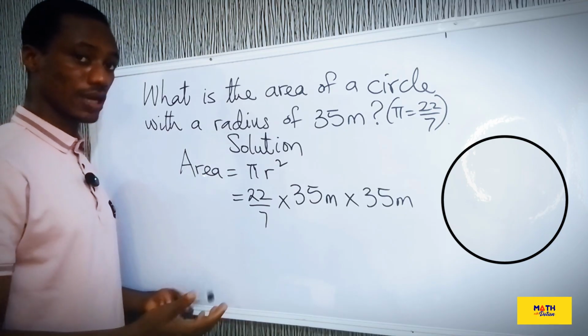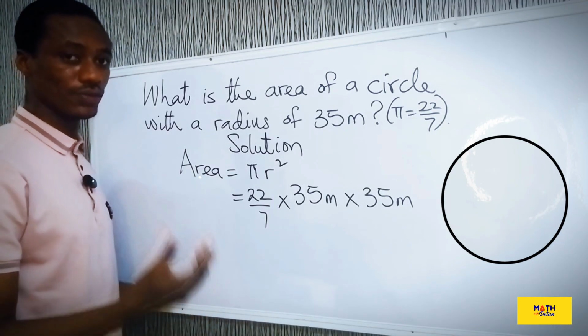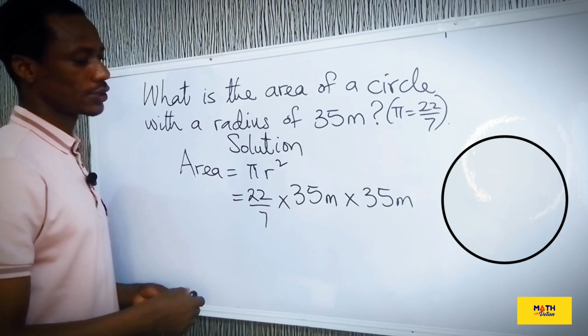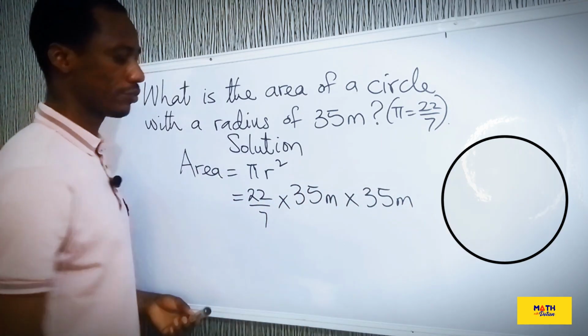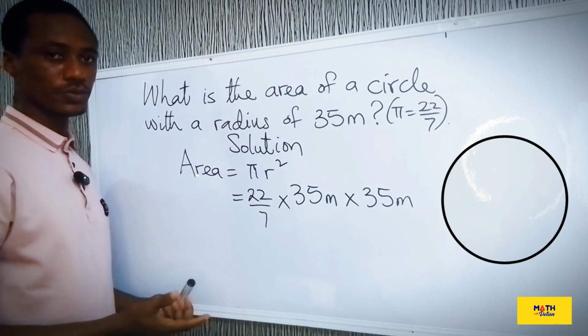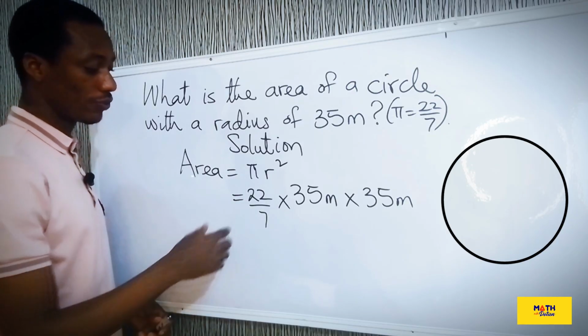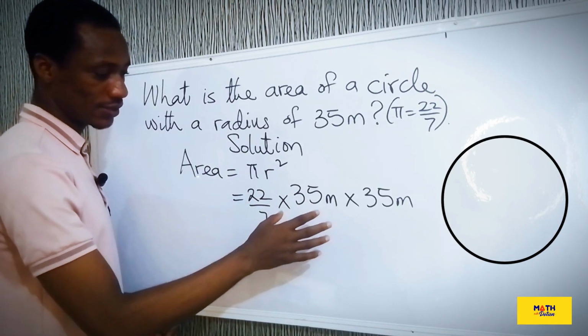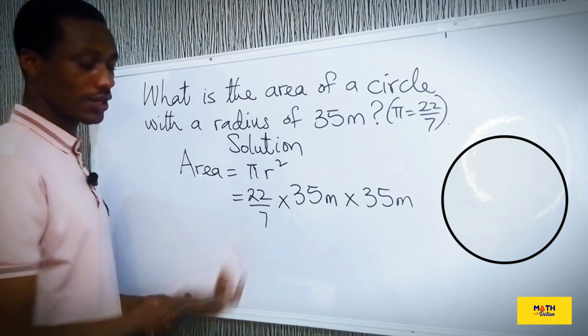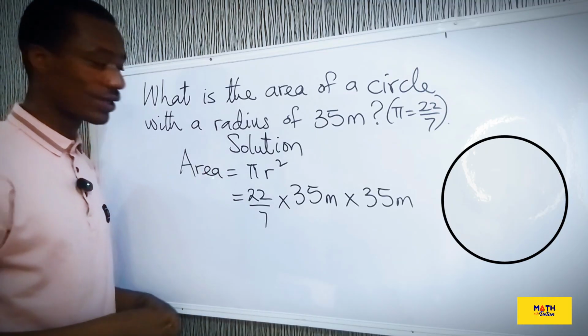Since we are not using a calculator at this stage, you're not expected to multiply everything before you divide. Before you multiply, check if there is anything downstairs that can divide anything upstairs.